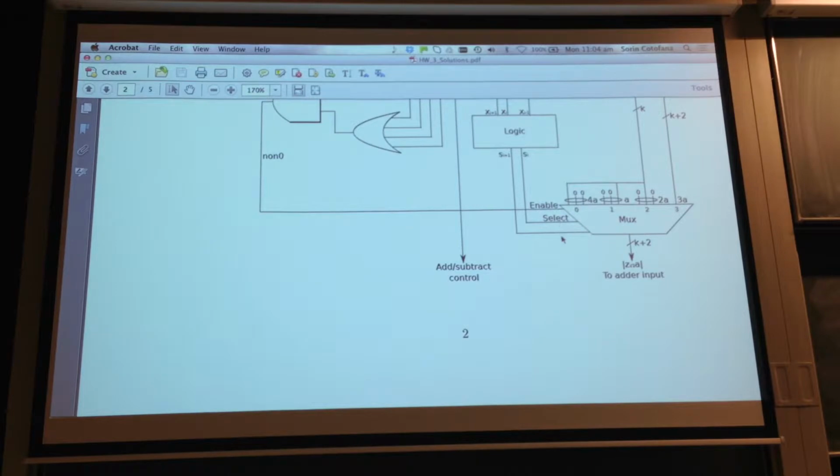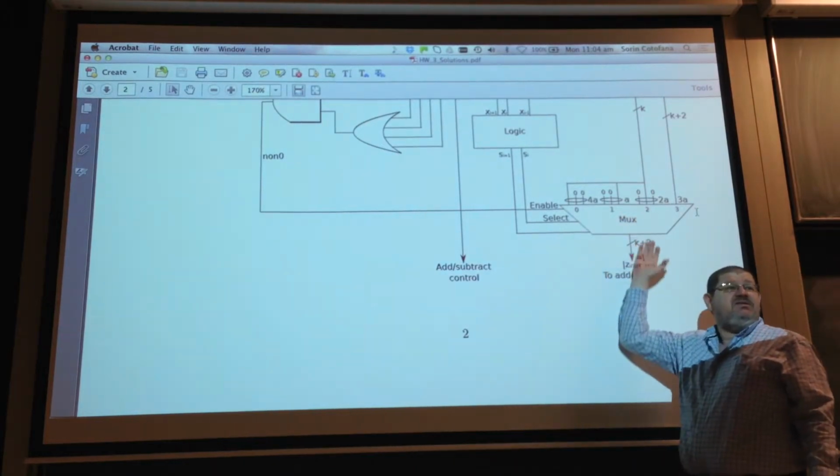If I have 0, 0, I will select 4A. If I have 0, 1, I'll select A. 1, 0, I'll select 2A. 1, 1, I'll select 3A. Most of the time what you do, you see A, 2A, 3A, 4A. But the order doesn't matter, as long as the control here is providing the right signal.